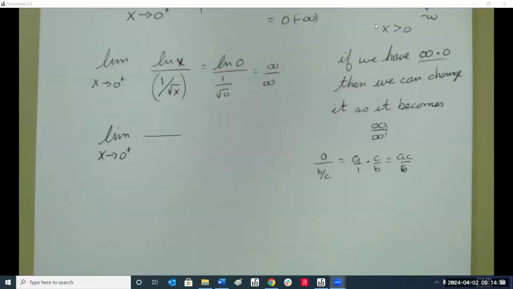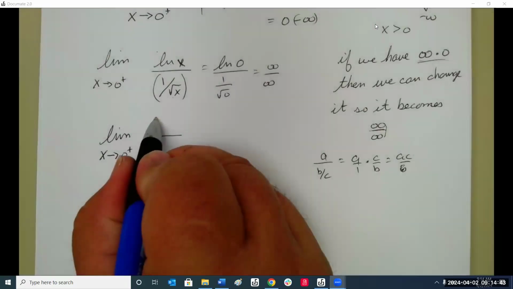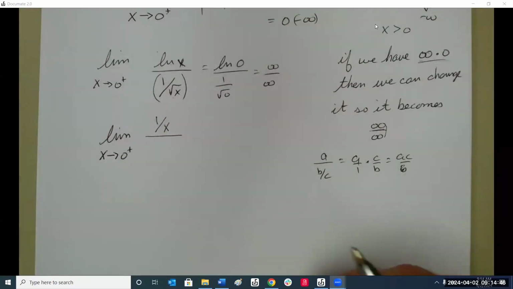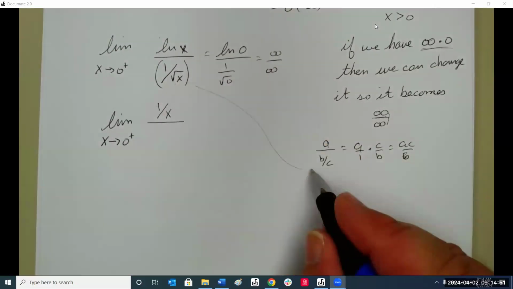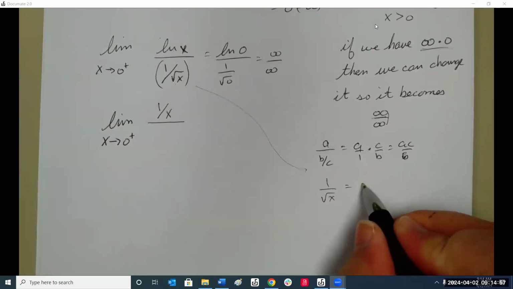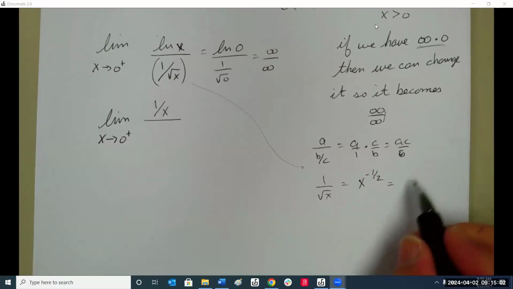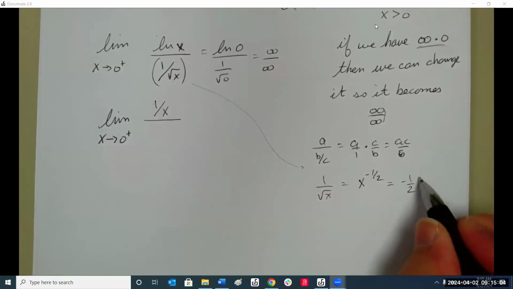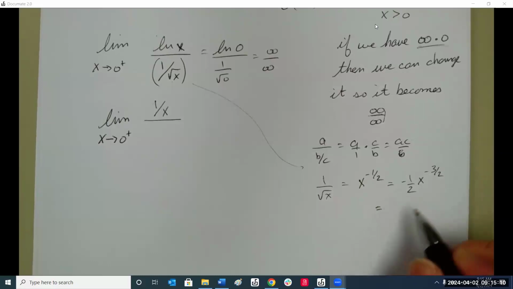The derivative of ln x is 1 over x. The derivative of 1 over radical x is the same thing as negative 1/2 x to the negative 3/2, which makes it negative 1 over 2 x to the power 3/2.